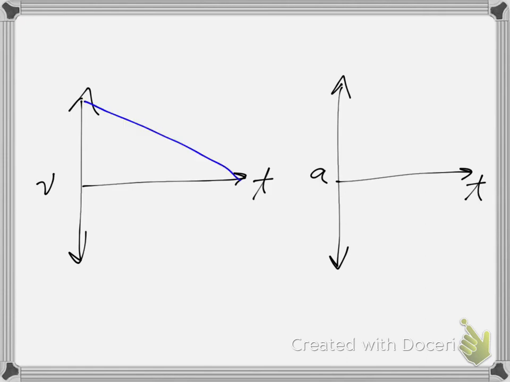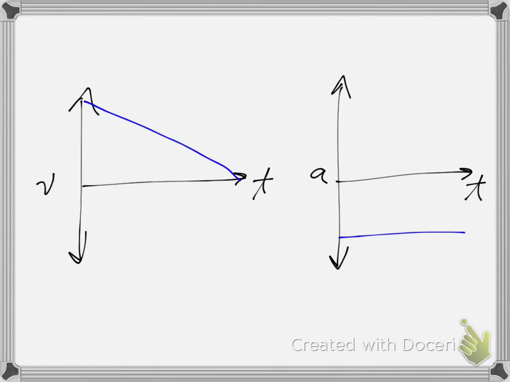Basically, if we have this velocity versus time graph, we know the definition of the instantaneous acceleration is the slope of the velocity versus time graph. And so you can tell from this velocity versus time graph we have a constant negative slope. And so if I wanted to draw a sketch of the acceleration versus time graph, it's going to have a constant negative value, right?